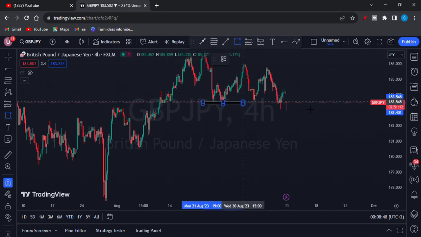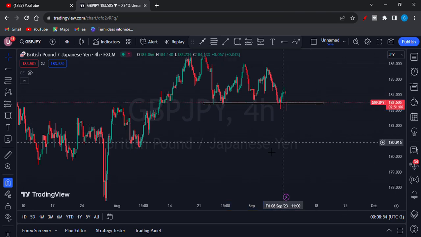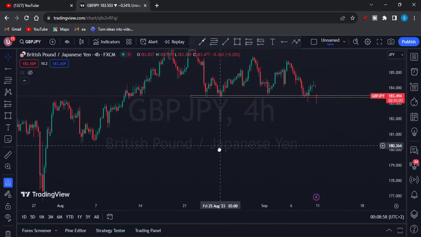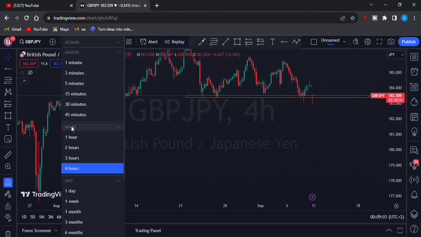So we have this zone around here. Let me just adjust this support area. So we have this support area around here. So let's go to hourly.